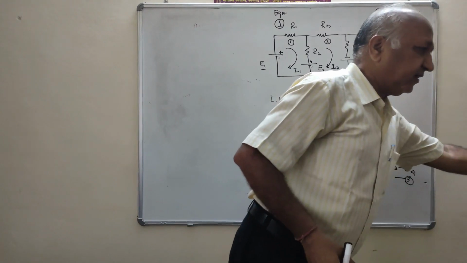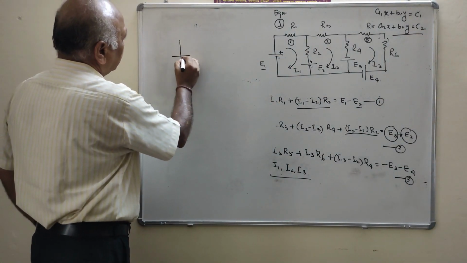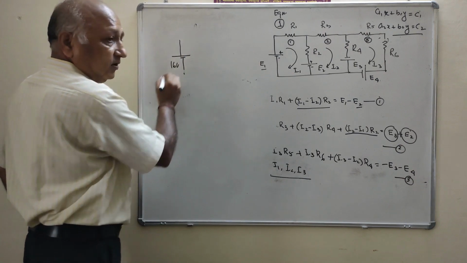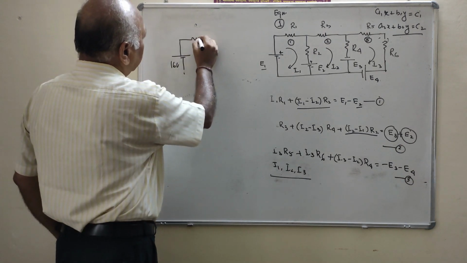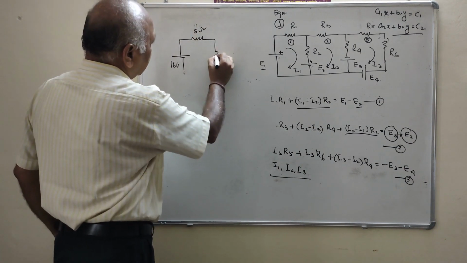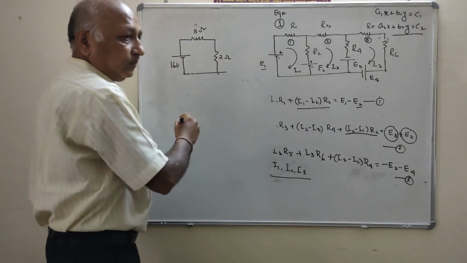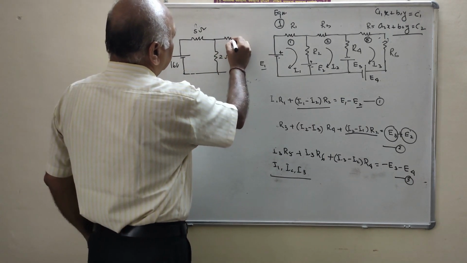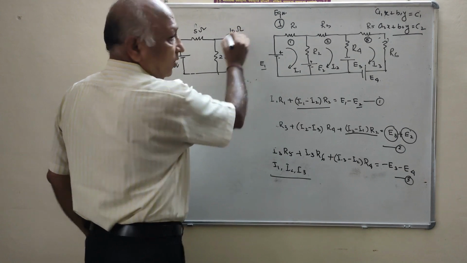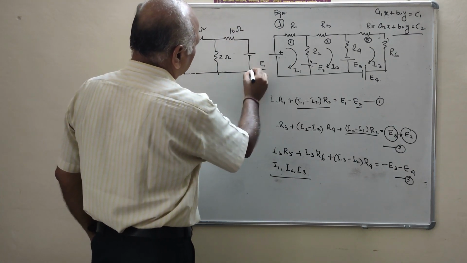Now we will solve a small example with the help of mesh analysis. Please, this is a source of 16 volt. Clear? This is the 5 ohm. Clear? This is the 2 ohm. This is 2 ohm, 10 ohm, 10 ohm. This is the 8 volt.